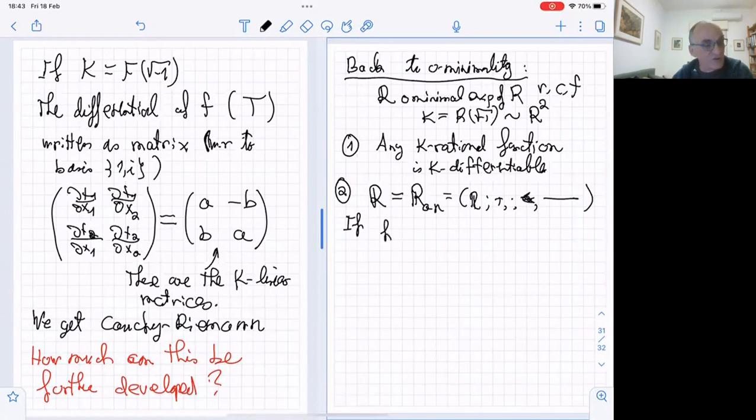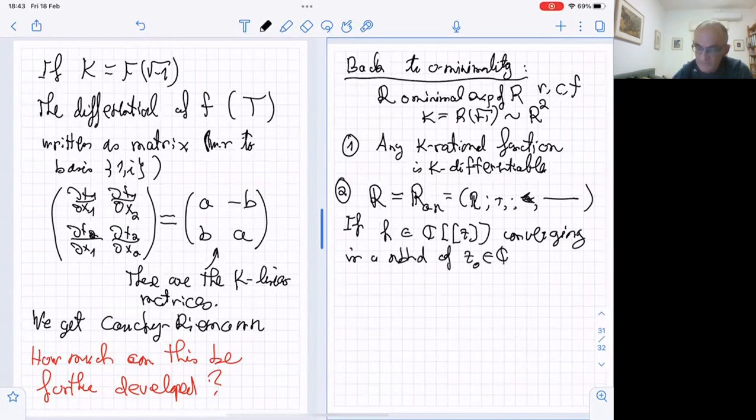So now if we have H, again, a formal power series even in C over C, converging in a neighborhood of some z0 in C, then I'm saying there is always some U open, all my U will be open, containing z0, such that H restricted to U is definable in R_an.